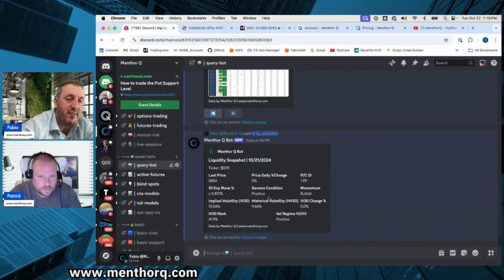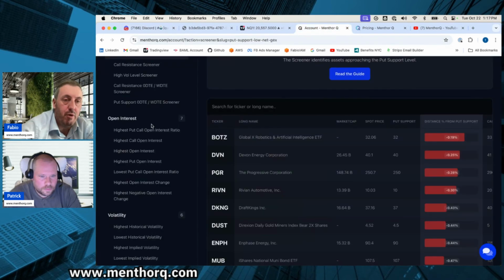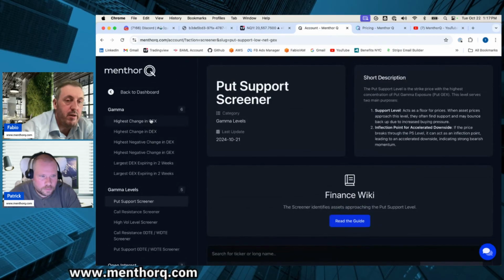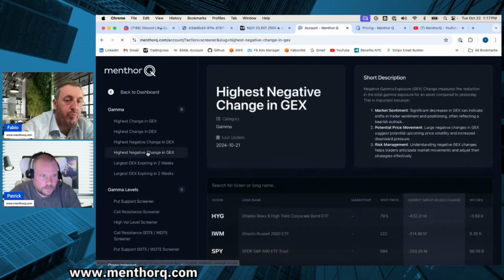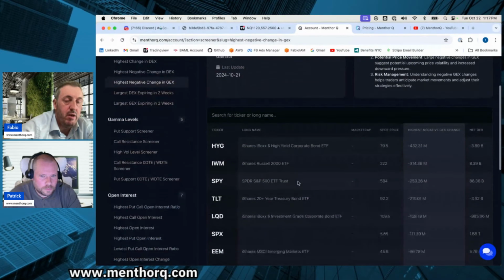That's the first thing that we do in the morning when we come into the charts. We want to see the change in GEX and the change in gamma condition. For example, if we go into our screener, we have the highest negative change in GEX. We want to monitor where GEX is coming out, where more negative GEX is being piled on.